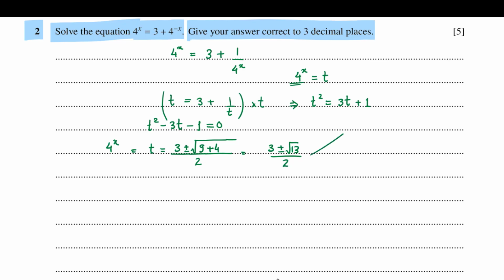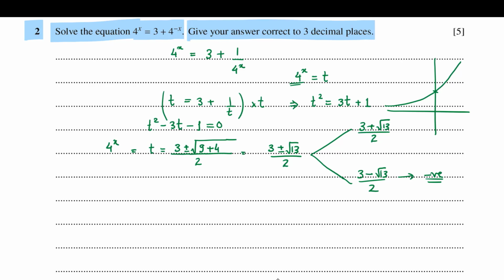Now we have two cases. If we take the plus sign, we'll get (3 + root 13)/2, and if we take the negative sign, (3 - root 13)/2, which is going to be a negative number, and 4 to the power x is positive, it is exponential growth.